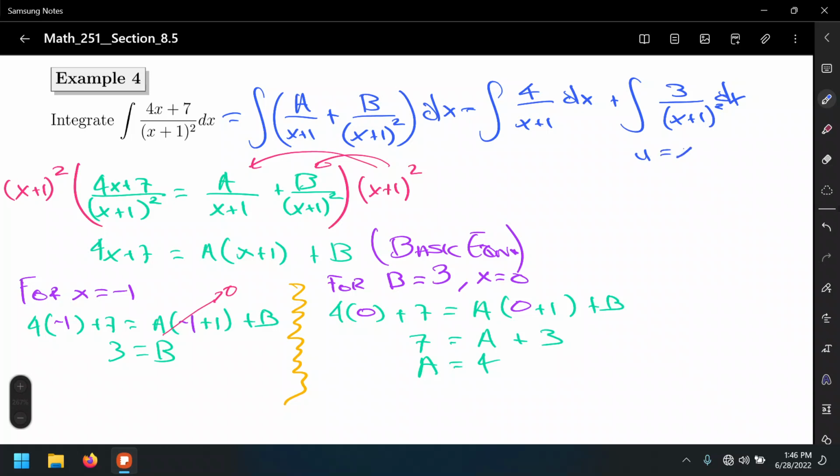U equals x plus 1, du equals dx. So in this case, we're going to have 4 times the integral of du over u plus 3 times the integral of du over u to the second power. But of course, we cannot integrate that u squared while it's in the denominator. We need to move it to the numerator.